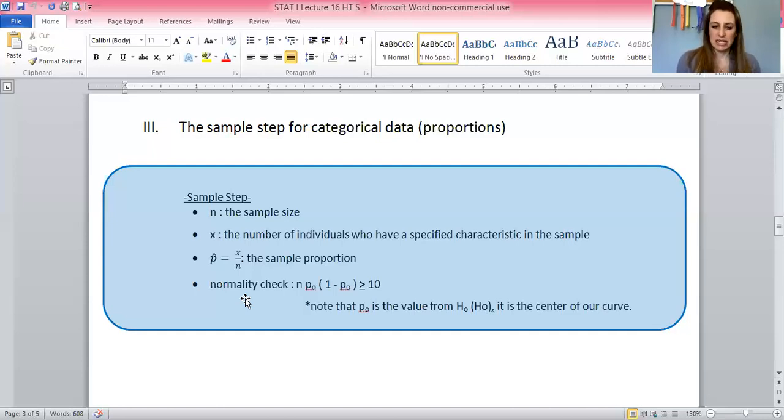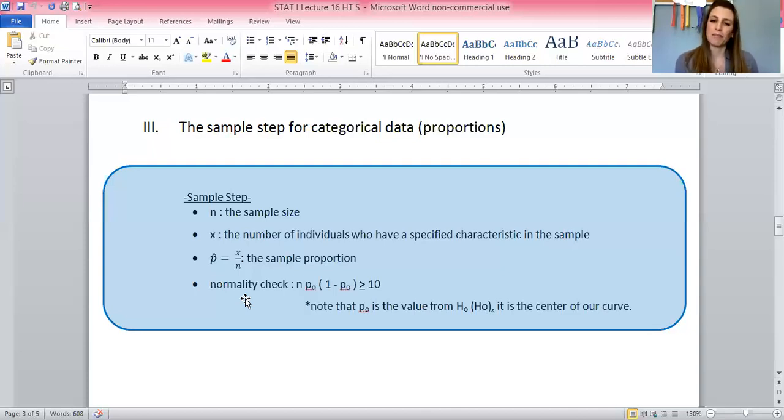So it's always the same formula, it's just what P value we're plugging in there that's changing. I want you to understand, in these calculations, we're checking normality on the curve. So the value we're plugging in for P is always the center of my curve. When I'm looking at my sampling distributions, the center of my curve was P. So that's why I'm plugging P into this calculation. For my confidence intervals, the center of my curve was P hat. So that's why I'm plugging P hat into that calculation.